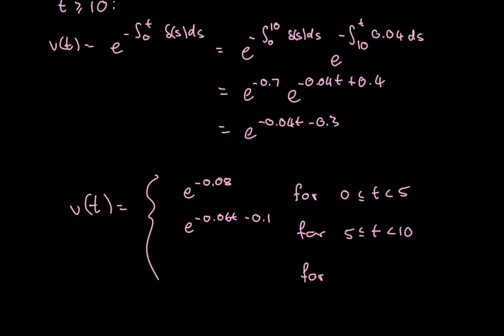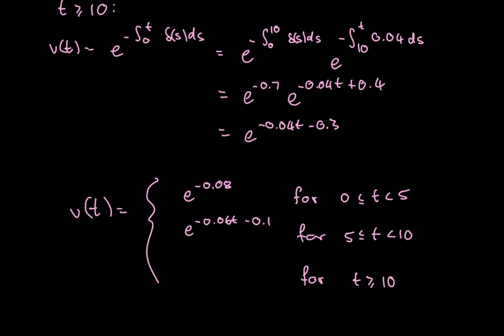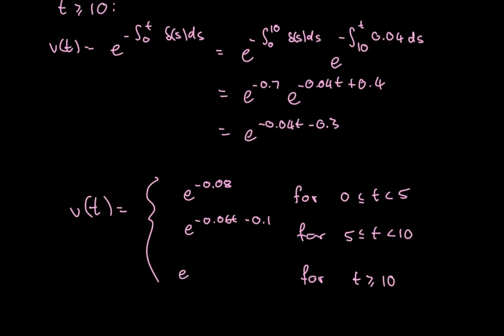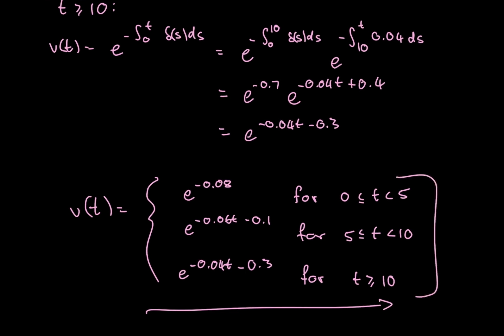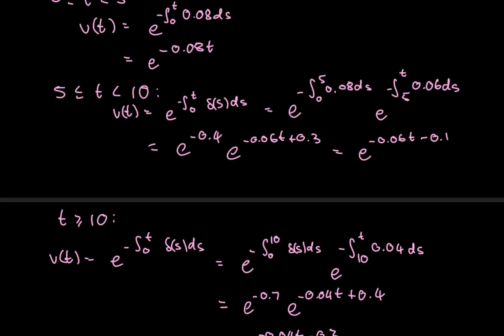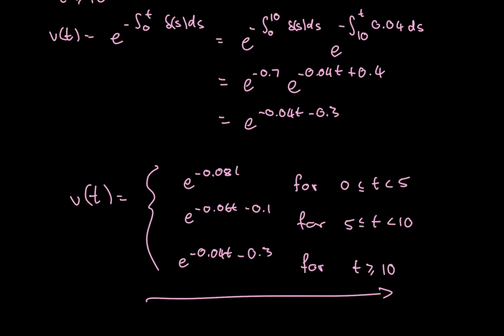And then for t greater than or equal to 10, we have this expression over here, e to the negative 0.04t minus 0.3, and we're done. And something to note quickly is that this piecewise function is actually continuous. So if you substitute 5, oh, and I've made a mistake here. It should have had a t over there.